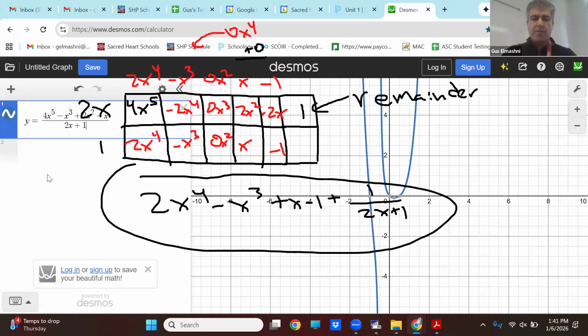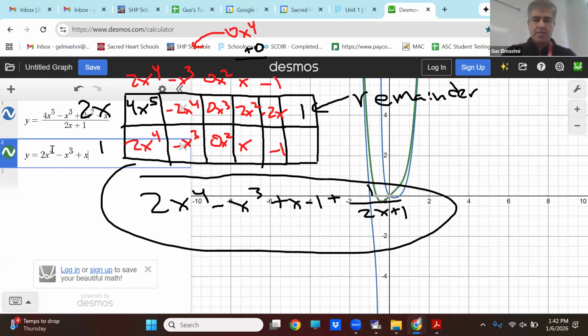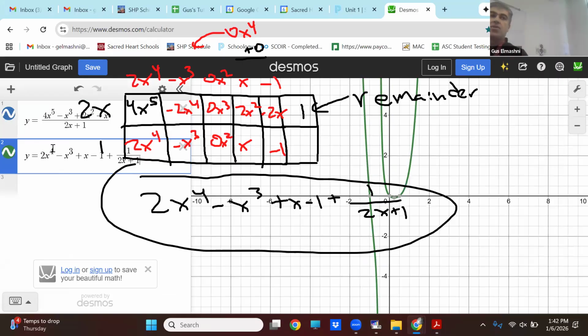You get something wacky, but whatever. The quotient should be the same graph. If it's not, you made a mistake somewhere. Yep, same graph. They overlap each other. That's how you know you did this correctly. You could do the graphing calculator too, but it's a little bit of a pain. It's easier doing Desmos. So that's what I do.